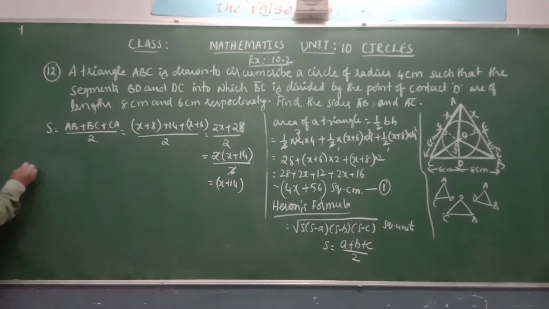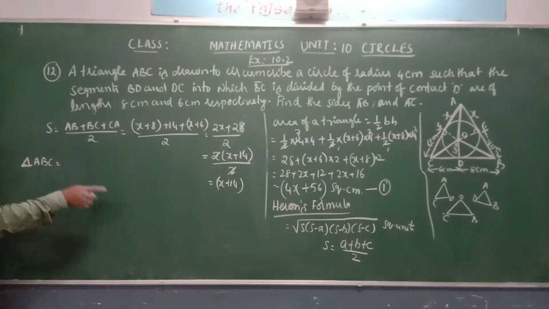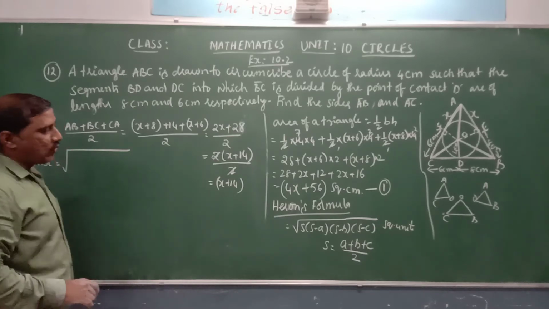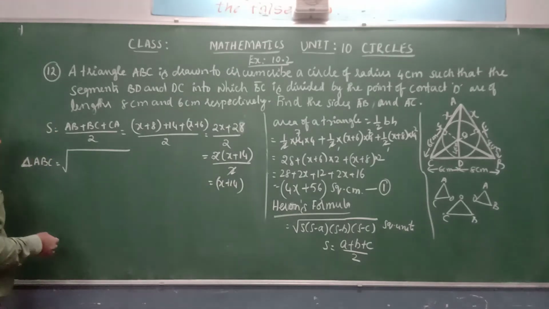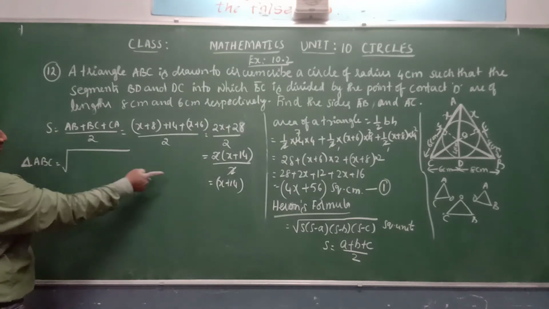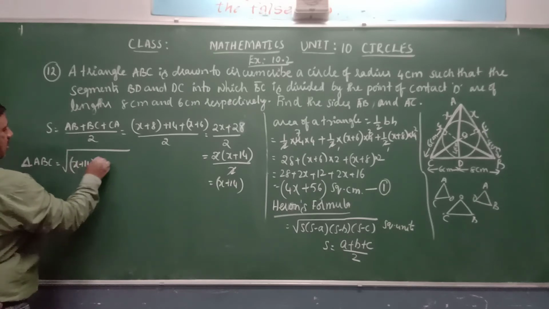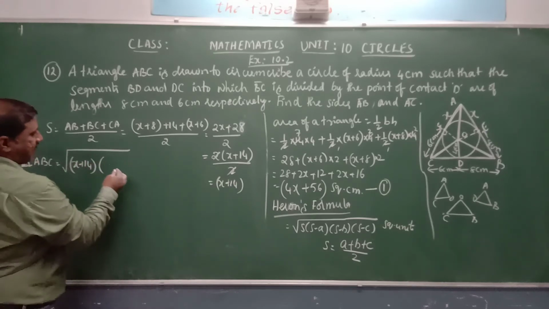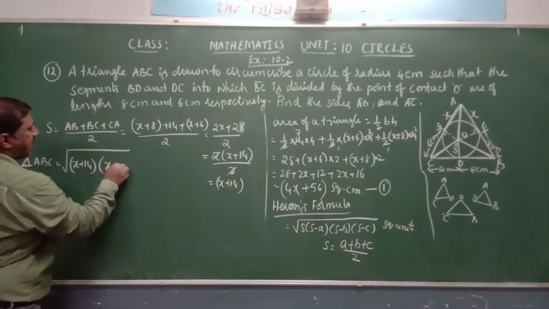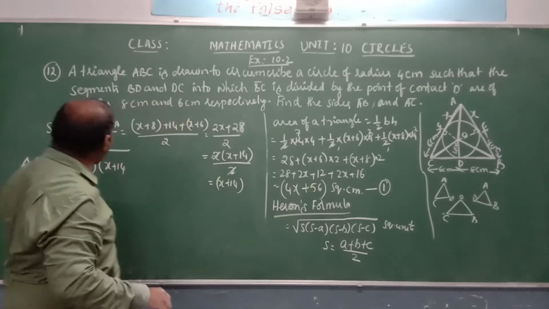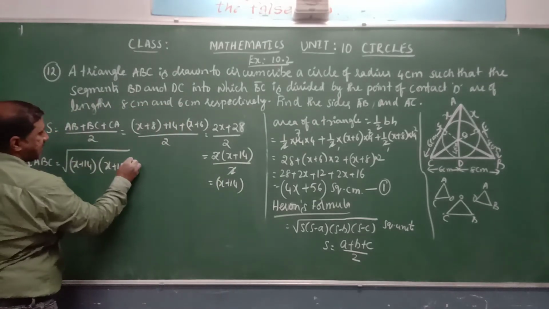Find the area of the triangle. Area of triangle ABC is equal to the square root of s into s minus a, where s is x plus 14, and s minus a is x plus 14 minus AB, where AB is x plus 8.